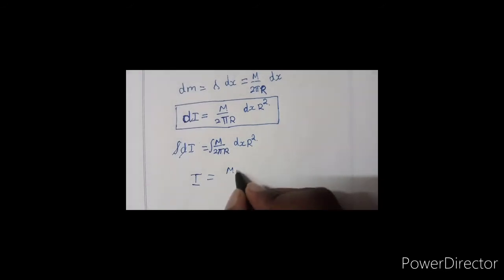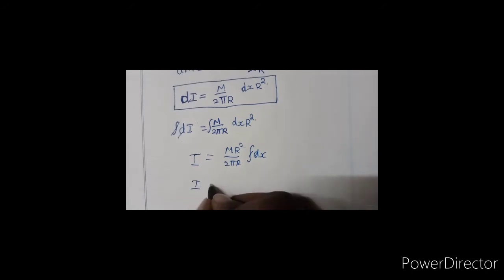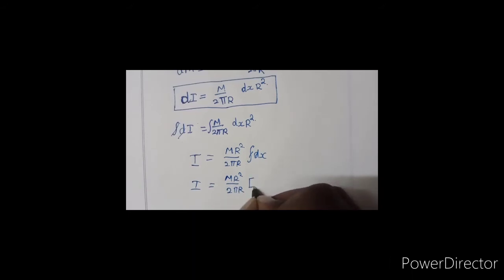mass, and r is common, so mass r square by 2 pi r integral dx. Now I is equal to m r square by 2 pi r, and there are limits for this x.